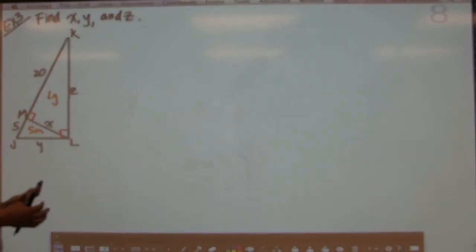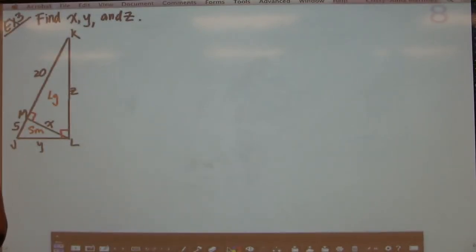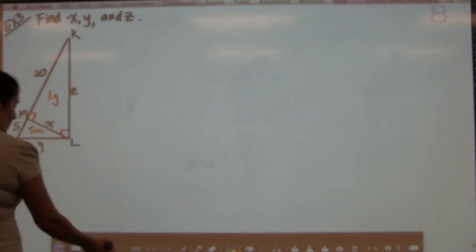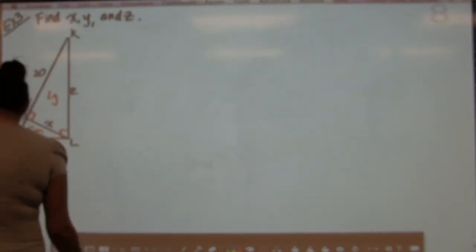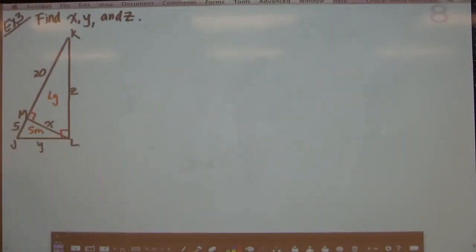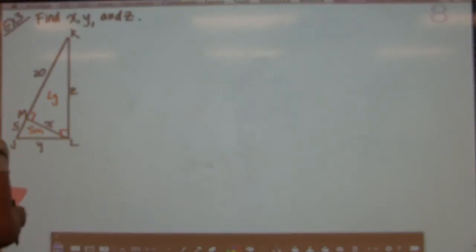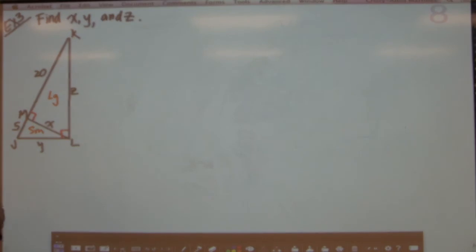So what we need to do is set up a bunch of proportions. We're going to go ahead and start with the altitude theorem, which I have here written down on some paper. The altitude theorem is going to compare the large triangle to the small triangle.